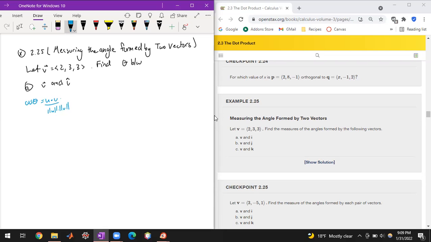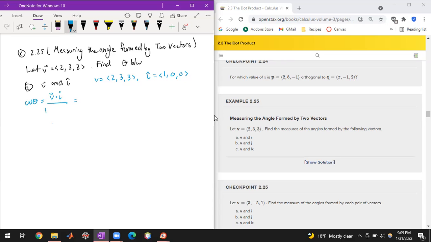Our vector v we know is 2, 3, 3, and our vector i, recall, is the vector with components 1, 0, 0. So when we take the dot product between the two, I'm sorry, that should be v and i.